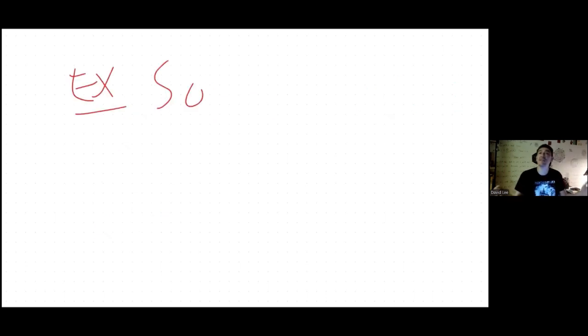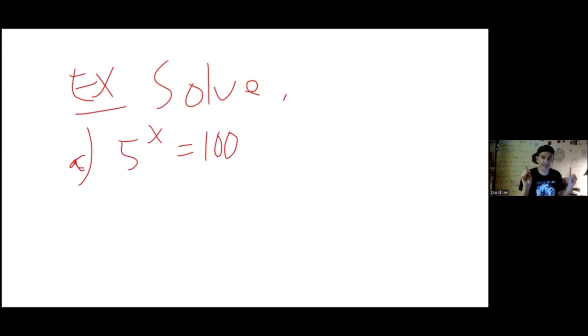Example here, so put this down. Let's say we want to solve these equations. So example A, let's say you have 5 to the power of x equals 100. So I don't see E, so solve this with log, a regular log.